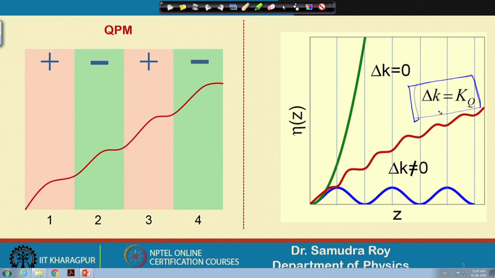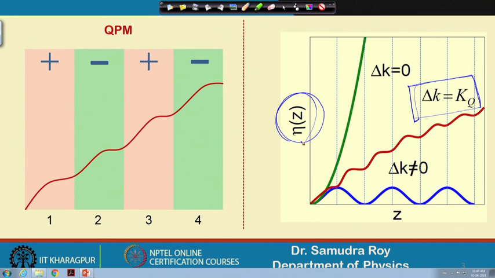This is the old figure. Because of this phase match, we have the improvement in this eta value. Eta is a quantity which gives the percentage of energy that is transformed from fundamental to second harmonic. So, this is called efficiency.